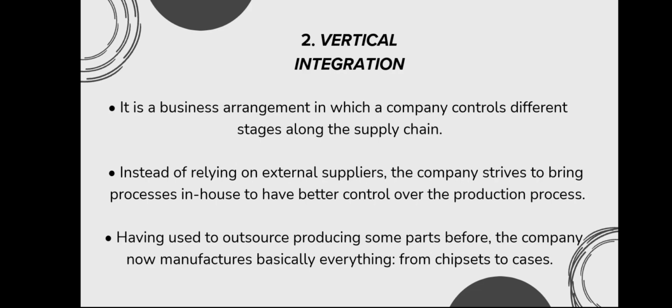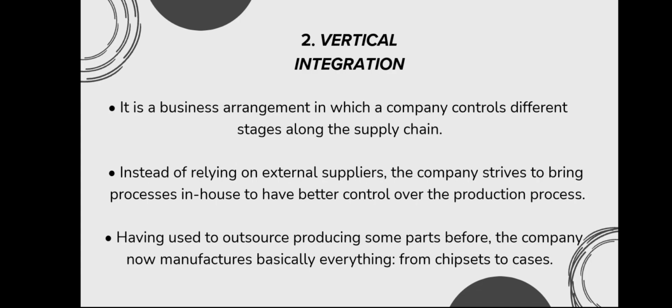So, instead of relying on external suppliers, the company strives to bring processes in-house to have better control over the production process. Having used to outsource producing some parts before, the company now manufactures basically everything from chipsets to cases.